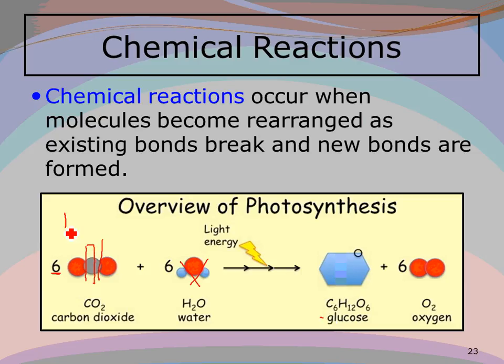And we need to remember that these are the reactants on the left-hand side, and these are the products. And we don't use an equal sign there because they aren't the same. This arrow tells us that we're taking the reactants and we're changing them into different products.